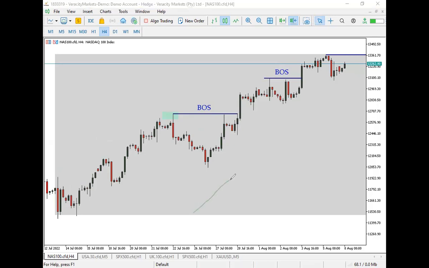It's an uptrend, and then it's trending up. When it breaks the previous higher high, that level is a BOS. Another BOS here. BOS, simple. Then it clears again. BOS.